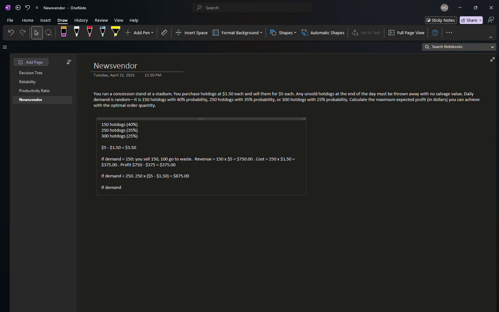If demand is equal to 300, but you have to remember you only have 250 to sell. So the profit would still be the same because you only have 250 hot dogs that you could sell. So let's put the profit at $875.